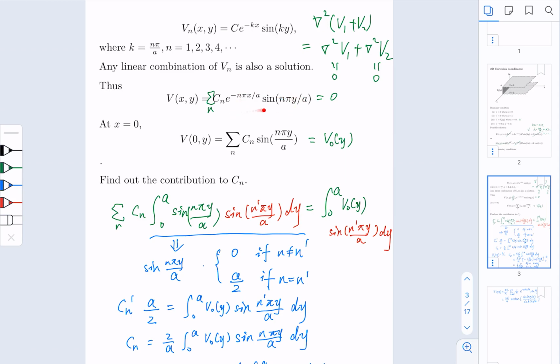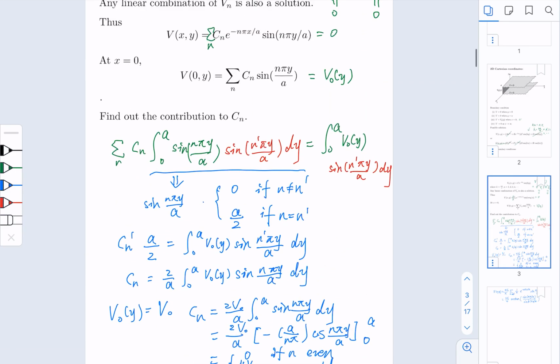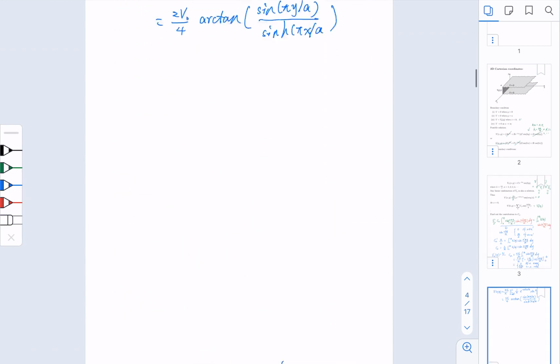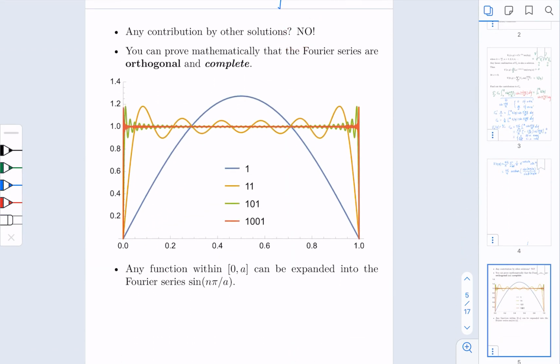So say that if you miss a term, then you cannot sum them together to find the final expression here. Here we didn't miss a term, because that is guaranteed by the completeness of this Fourier series.